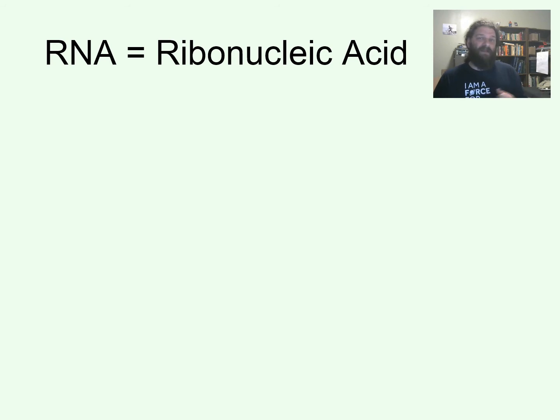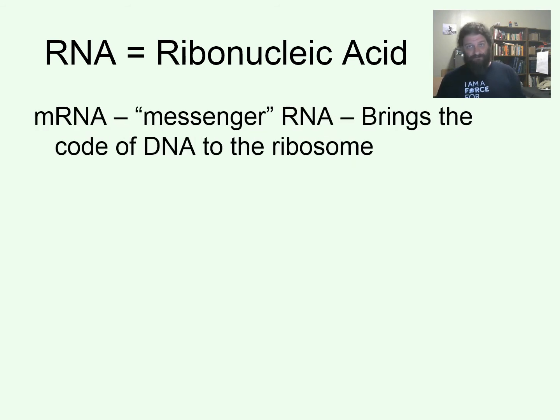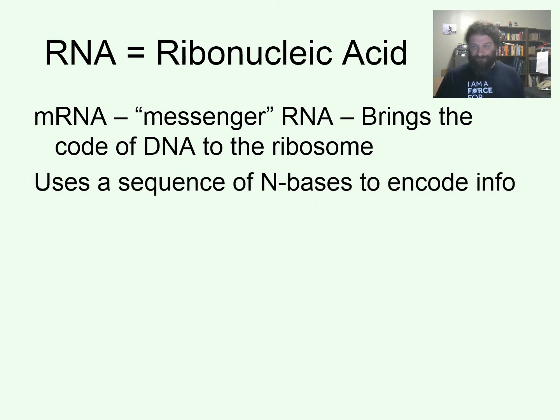And so the DNA, the code of DNA, stays safe in the nucleus, and we make a temporary copy of the gene into a different compound, a different nucleic acid called RNA. In particular, this is called mRNA, or messenger RNA. It's what sends the message of the base sequence to the ribosome. It's temporary, right?